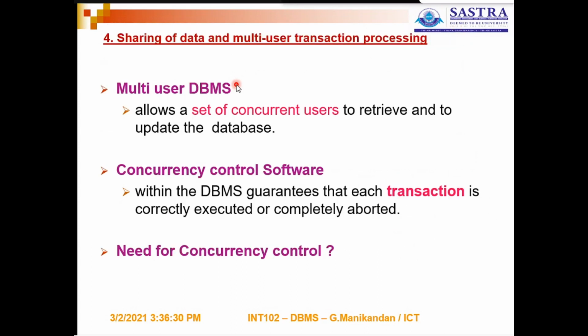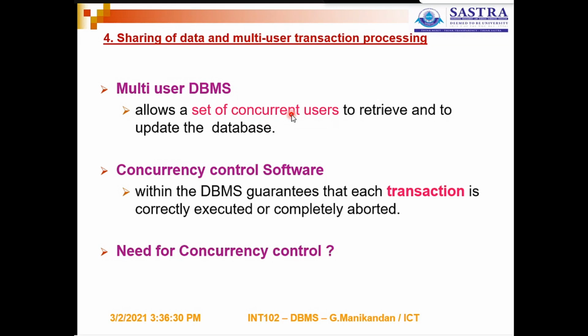The last characteristic is sharing of data and multi-user transaction processing. Mostly your database management system is going to be a multi-user database management system. Whenever you want to share the data among multiple users, you will store the data in a database.